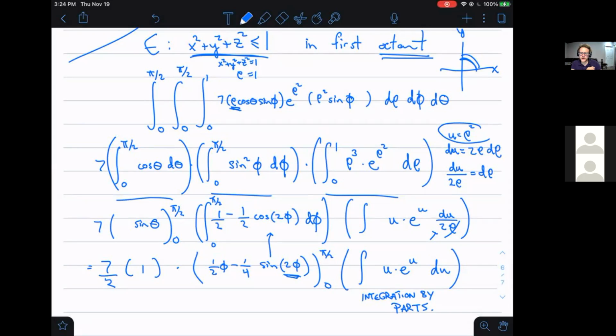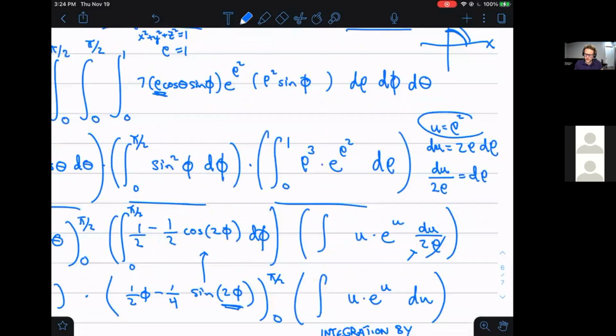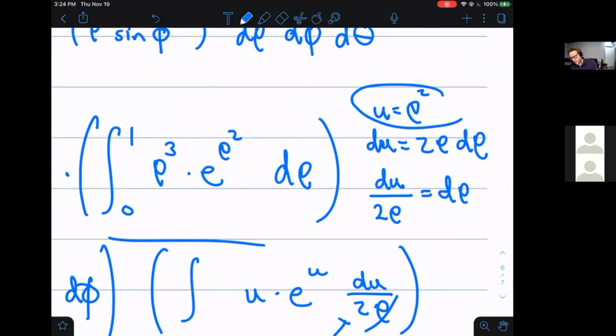What's the du divided by rho? So this was, somehow I had to swap out. I wanted to swap out, instead of d rho here, integrating with respect to rho, I wanted to switch all of my variables to u's and integrate with respect to u. And so if this is my transformation equation, u equals rho squared, then if I take the derivative on both sides, I get that du is equal to 2 rho d rho.